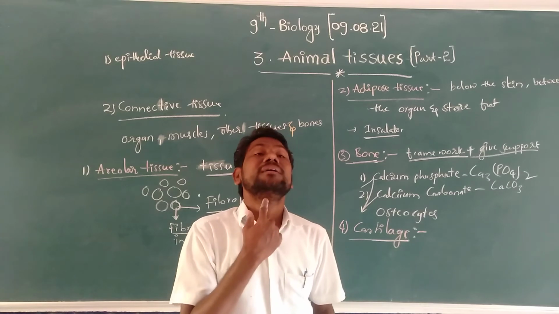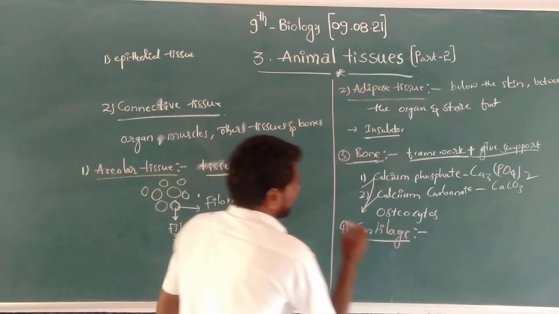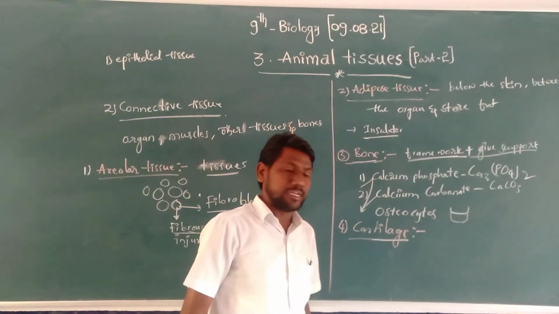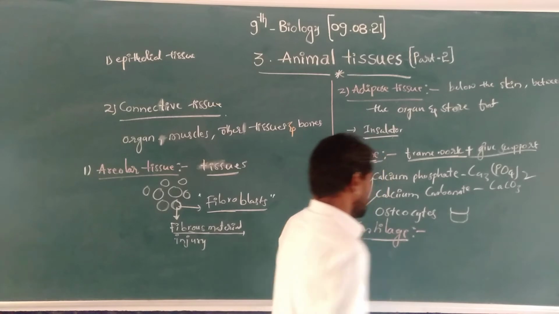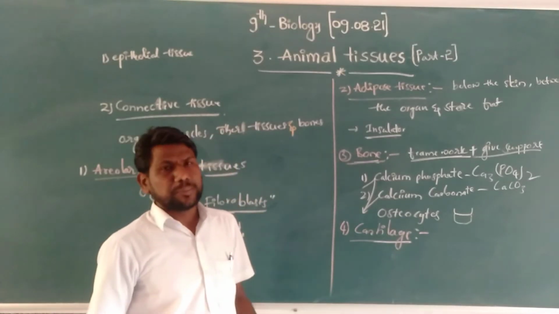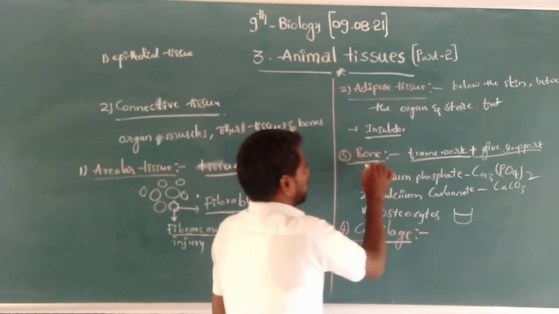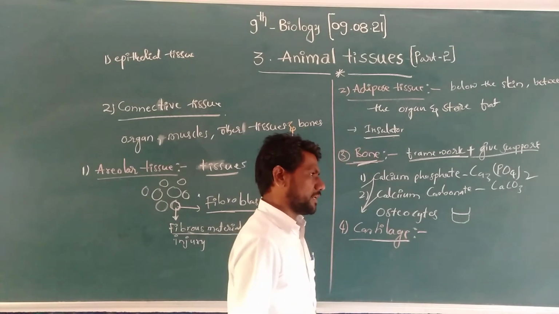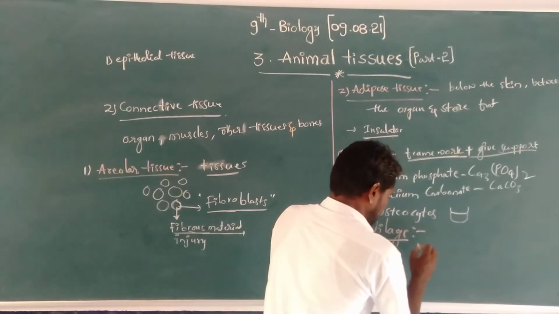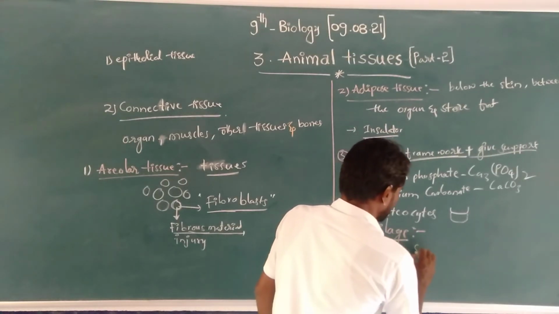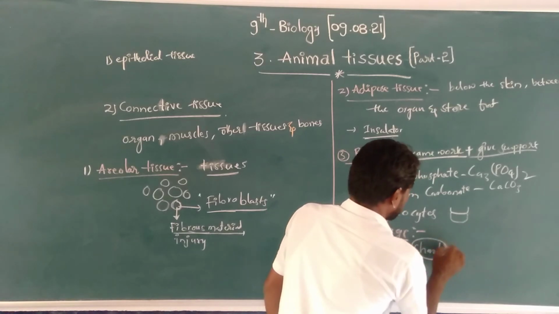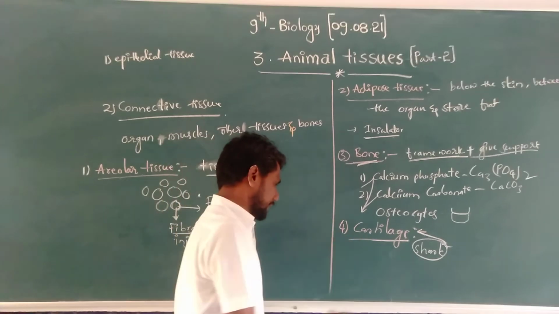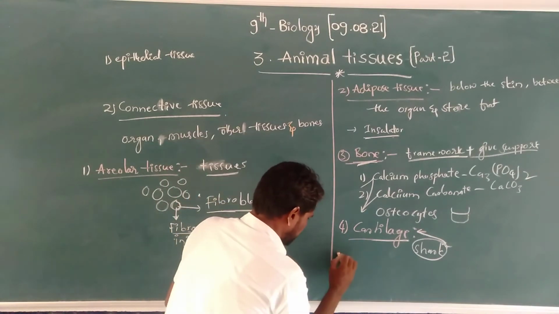This trachea is made up of C-shaped cartilages. All vertebrates' skeletons are made up of bone, but the skeleton of fishes like small fishes and big fishes like shark is made up of cartilage only. This is about cartilage.